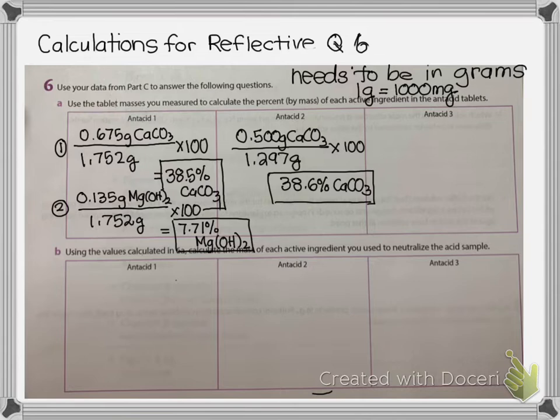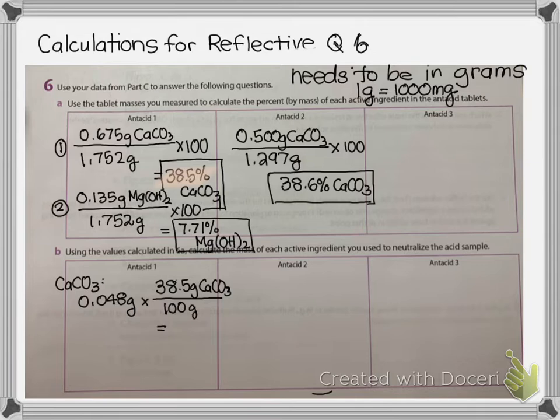Let's do calcium carbonate first, because that's the first one I have up here. You take that number from the first page, 0.048, that's how much we used, and now you multiply it by the percent. The number comes from right here. Calcium carbonate is 38.5% of this antacid, and a percent means out of 100. So we're saying 38.5 grams of calcium carbonate in the 100-gram sample.